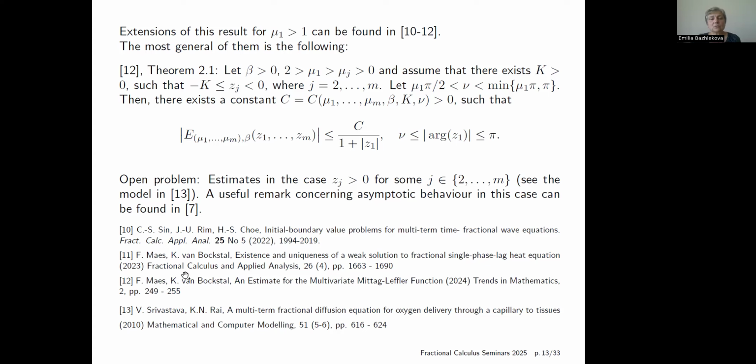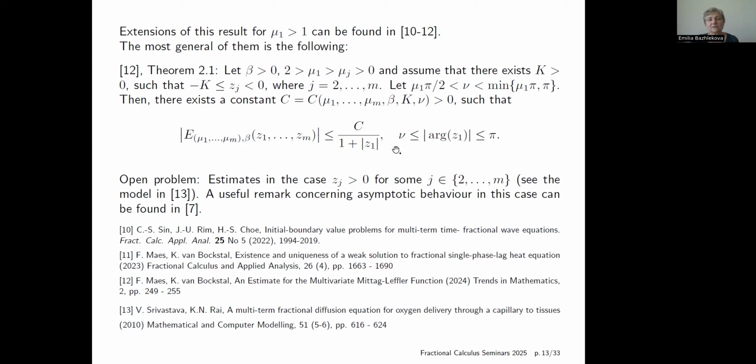Let me note that I learned about the papers 11 and 12 during the talk last year at this seminar series of the second author, Karel van Bokstal. So it's indeed a useful series of seminars.